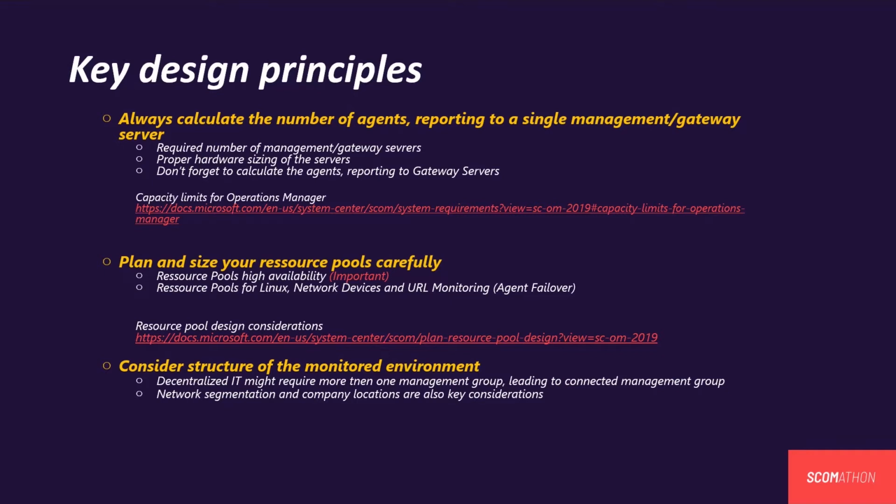So this would mean you have multiple management groups and they are connected. Of course, the network segmentation and network locations of the company are very important and need to be considered when designing your management group. More information about this you will find here.